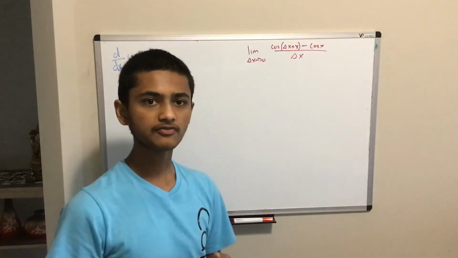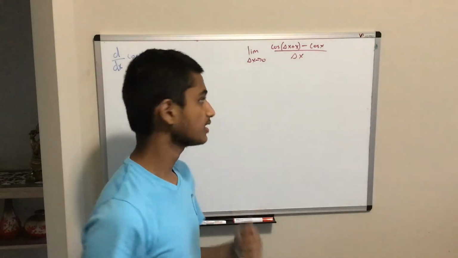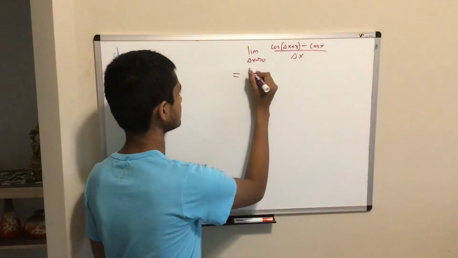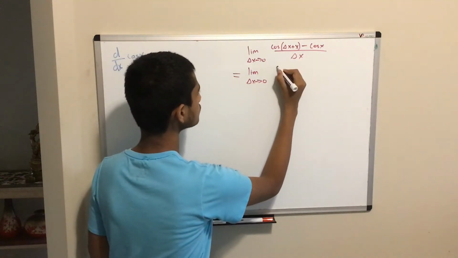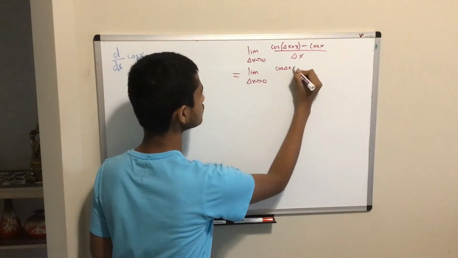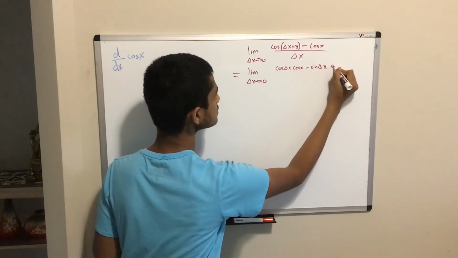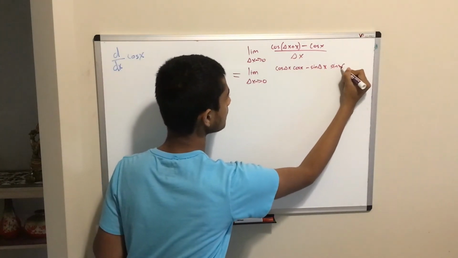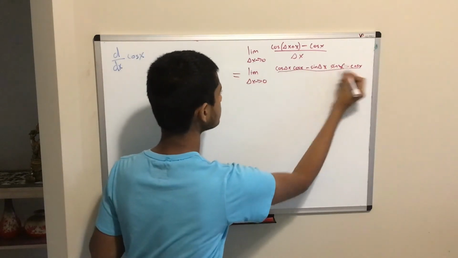And again, we have to use trigonometric identities to help us simplify this expression with cosine. So what that equates to is the limit as delta x approaches 0 of cosine of delta x times cosine of x minus sine of delta x times sine of x, and then obviously minus cosine of x at the end, all divided by delta x.